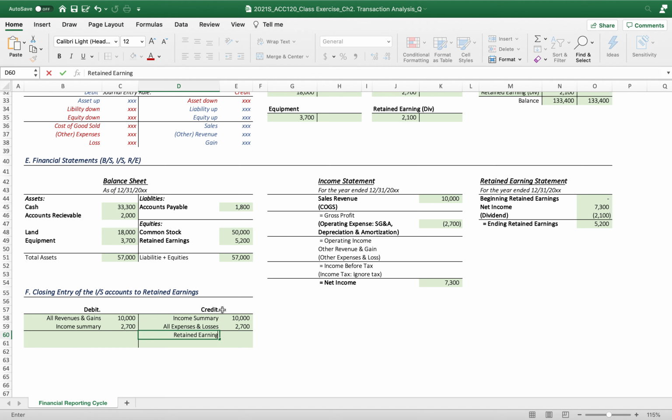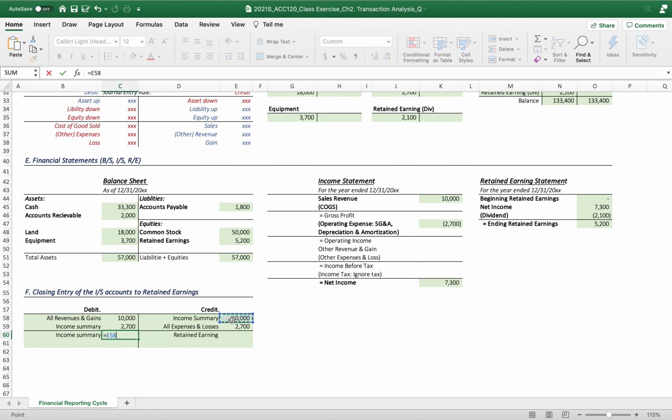Retained earnings 5,200 increased. How do you get this? Income summary 10,000 and income summary 2,700, right? So retained earnings, how do we get it? First, here, income summary will remove 10,000 minus 2,700.